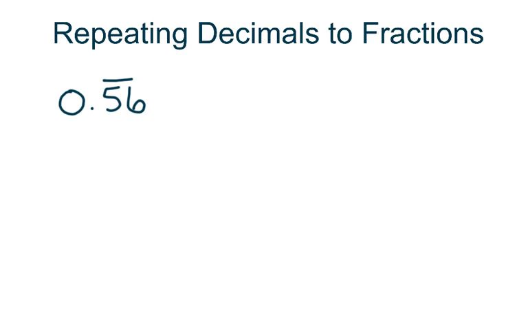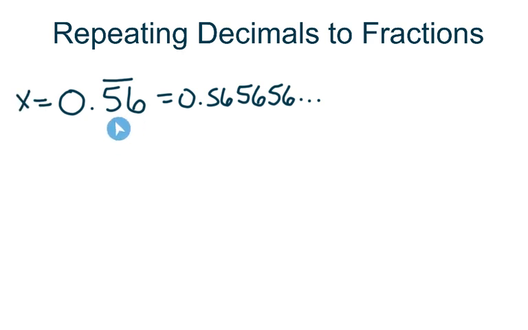Let's try it again with one that's a little bit larger. So now our repeating decimal is 0.56. It's the 5 and 6 that repeat over and over, which means it's 0.565656, and keeps going on like that. So again, I'm calling this x.